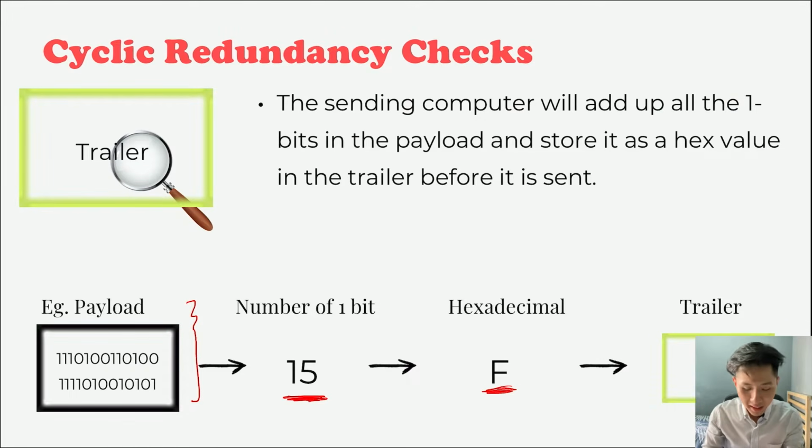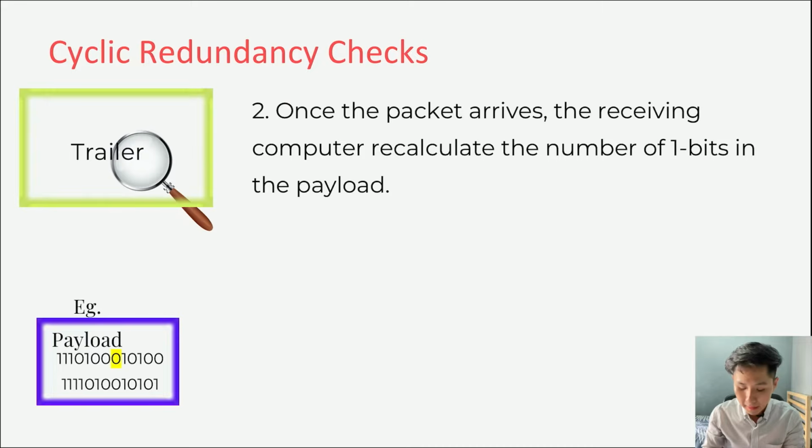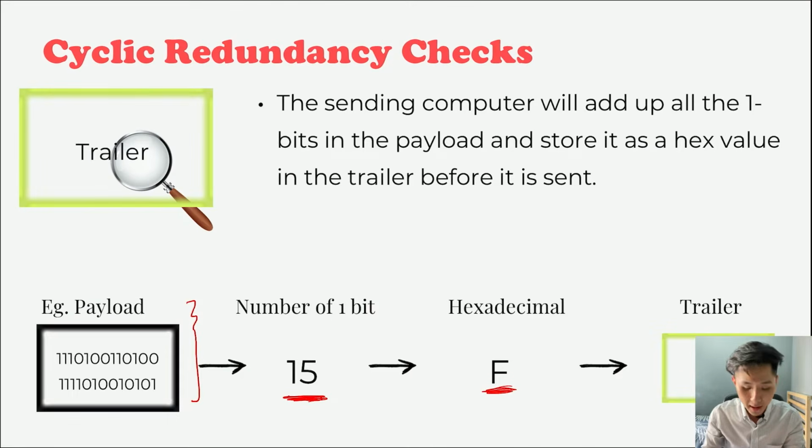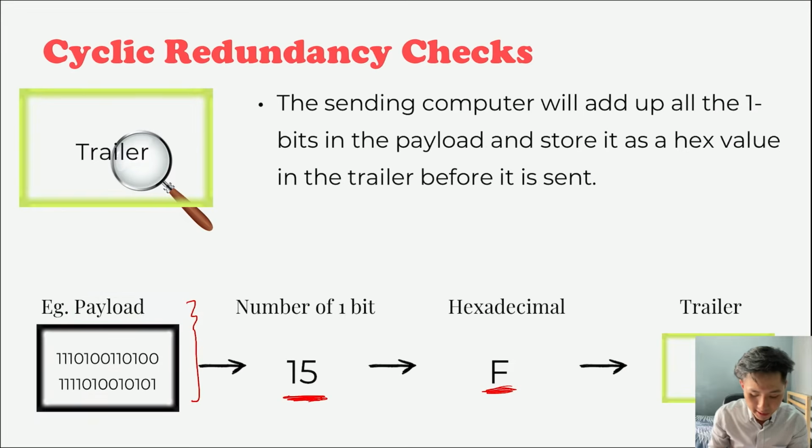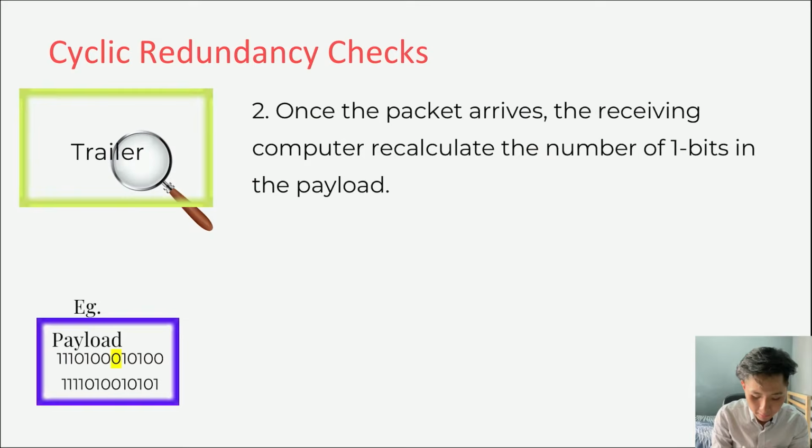How do we use this method to identify errors? Let me give you an example. Imagine that this is the original data, and when the data is received, one of the bits has been swapped. By using the cyclic redundancy check, we can identify the error that happens here.